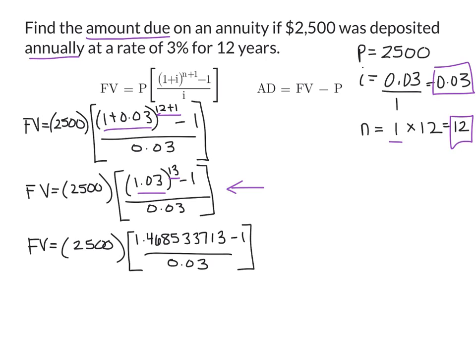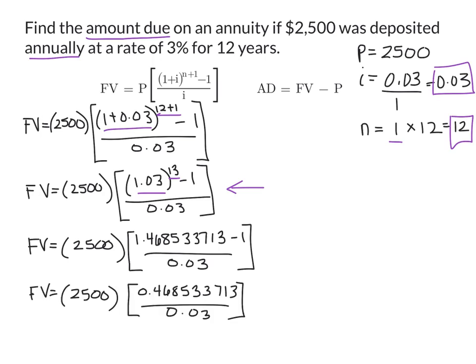You should get a decimal of 1.468533713. Keep that number in your calculator and then just push minus 1. So you should get 0.468533713. Now keep that number in your calculator and divide by 0.03.